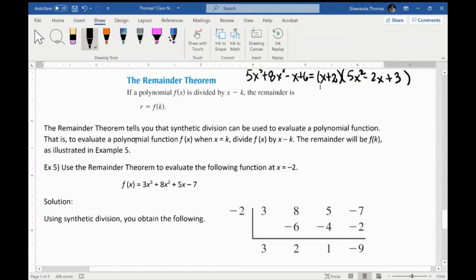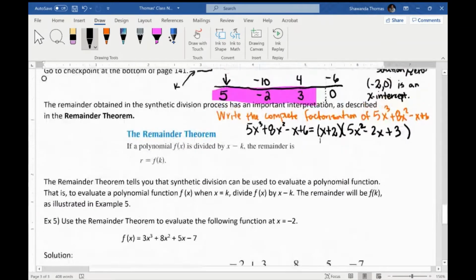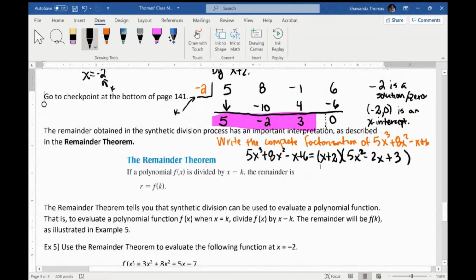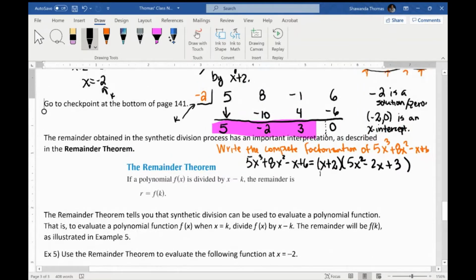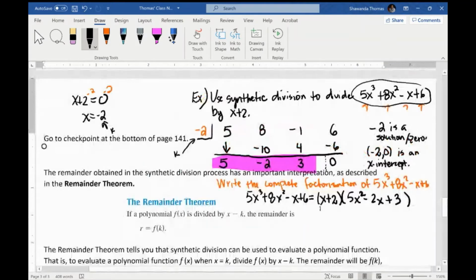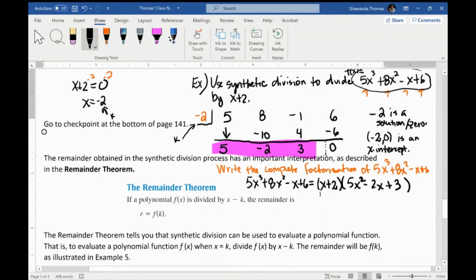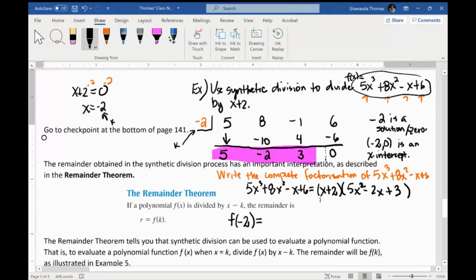What are they talking about? It's as simple as this. They are saying that if we evaluated this function up here, let's say this was f of x equals 5x cubed, blah, blah, blah. If I say evaluate f of -2, how did we do it in the past? You sub in -2 into the function.